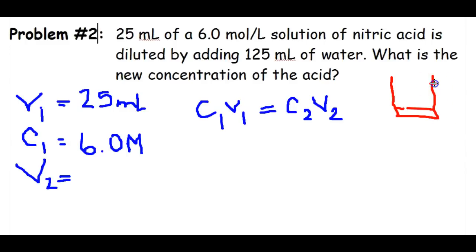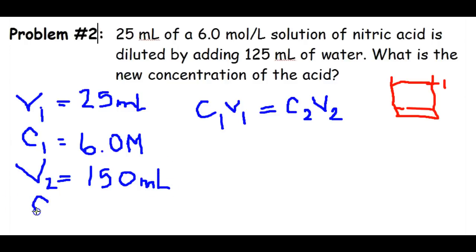But then I'm going to fill to a volume of 125. No, I'm not. I'm not filling to a volume of 125. I'm filling by adding 125 more. So I have my 25 down here, and then I'm adding 125 more. So what is V2? V2 is 125 plus 25, right? Because I'm adding that 125 milliliters to a previous volume.